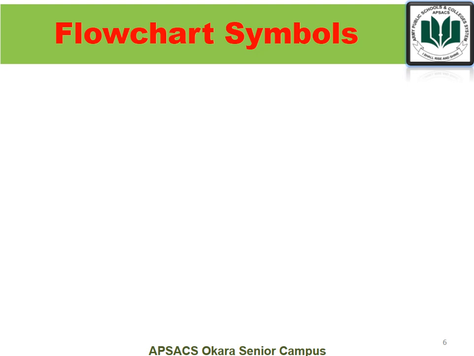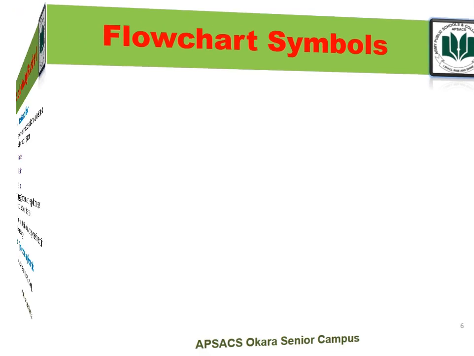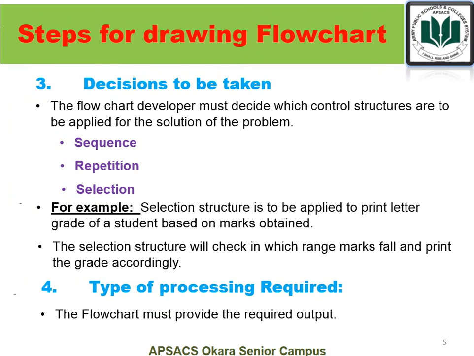You have to decide which type of processing is required and which decisions are to be taken to obtain the solution. The flowchart must provide the output.